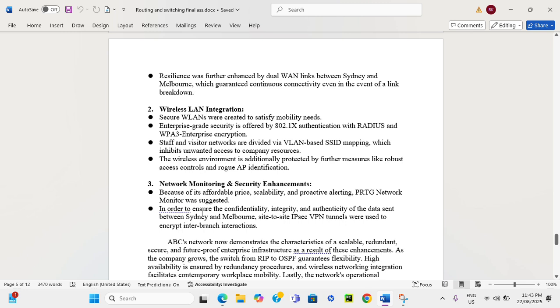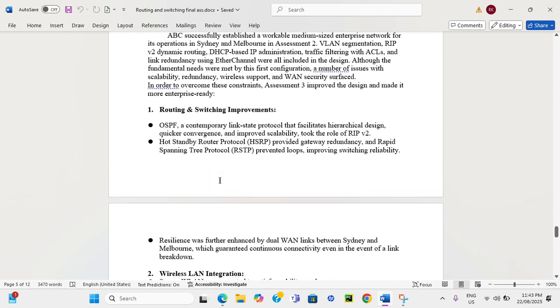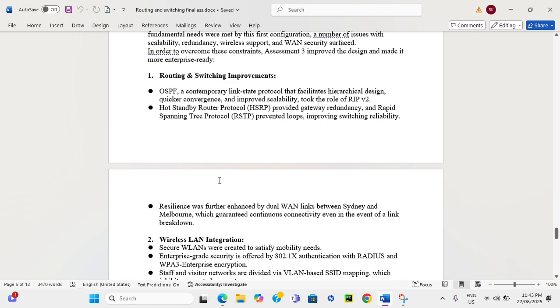A secure WLAN with WPA3 and VLAN mapping supports mobility while maintaining security.